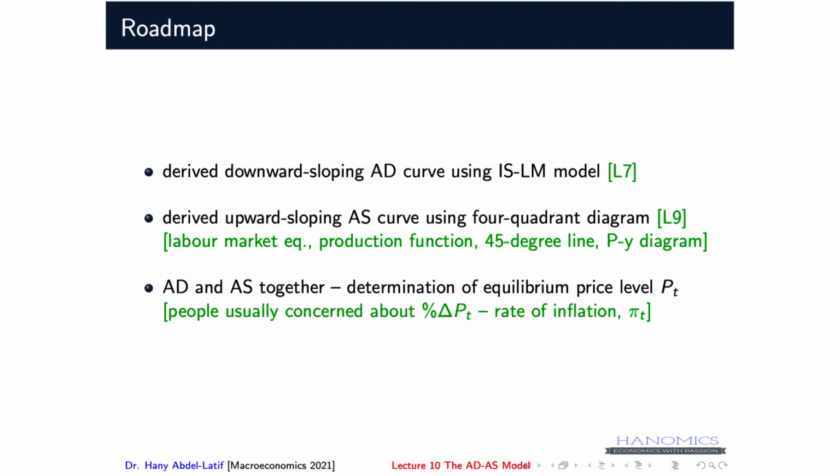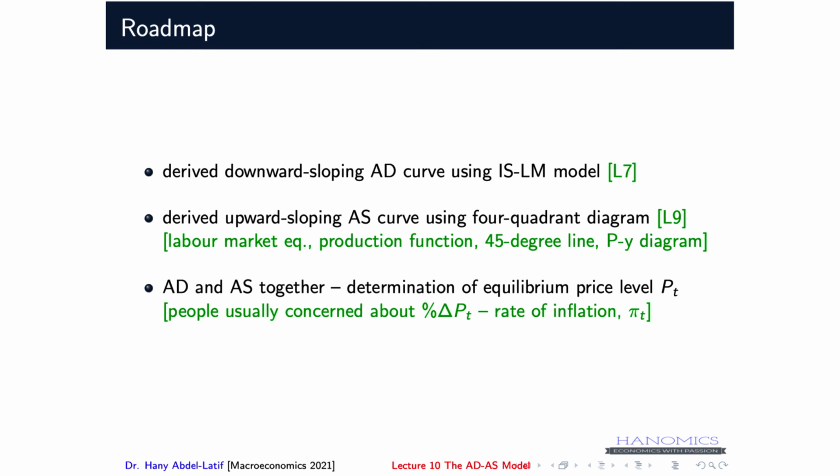We know more about the aggregate supply now, given how it is different from the short run to the medium run, moving toward the long run. If we bring these pieces together, then we will know what determines prices, or how the price level is determined in an economy. Just before we move to that point, you should notice that economic agents in general are concerned about the percent change in price, which is the inflation rate, more than the price itself.